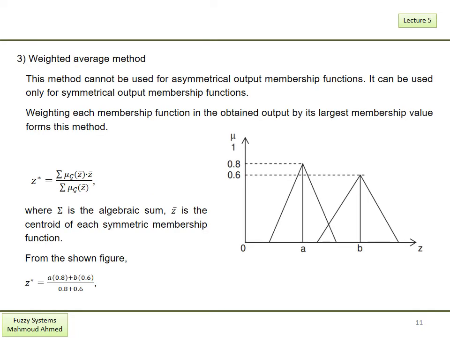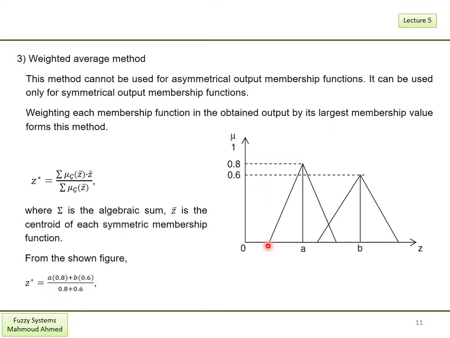The third method is the weighted average method. Such a method has the property that we can't use it for an asymmetrical output membership function. What does this mean? This means that the membership function, as given here, must be a symmetrical membership function, otherwise this method can't be applied.